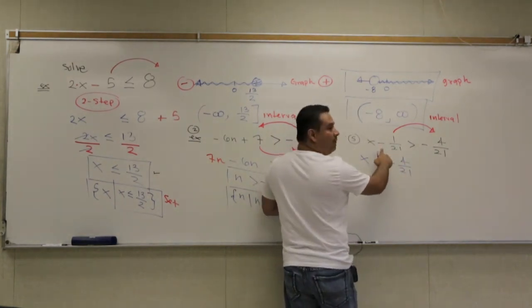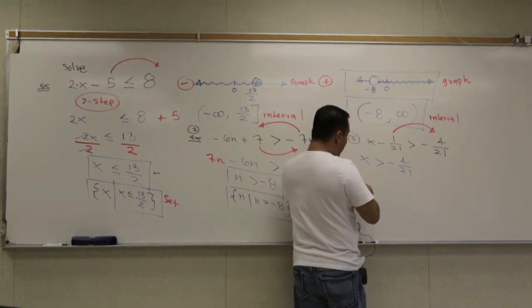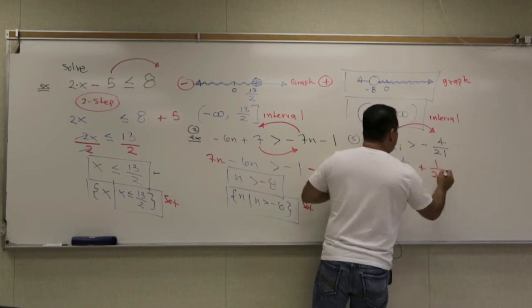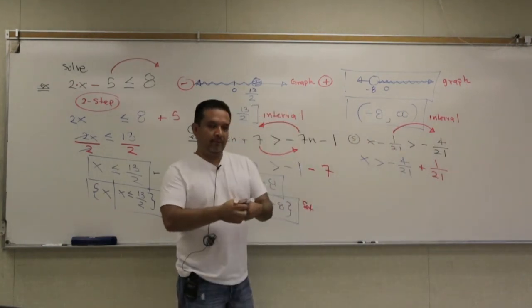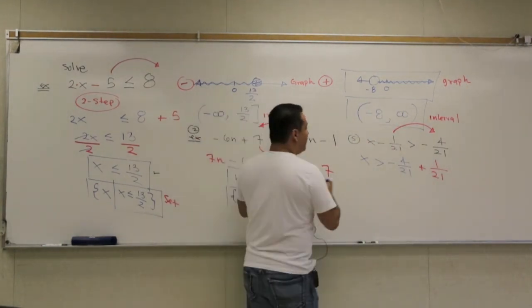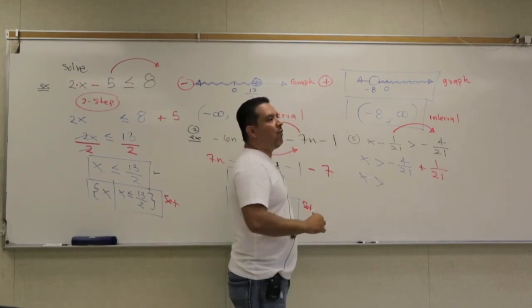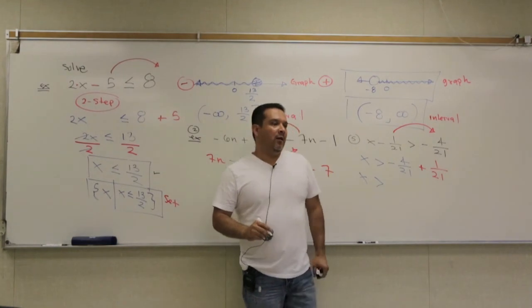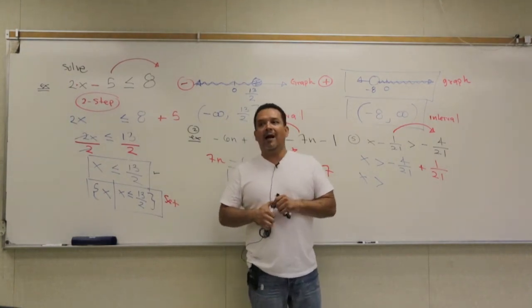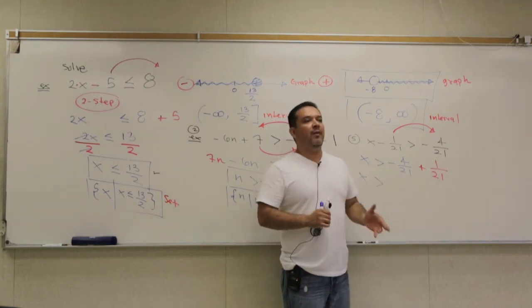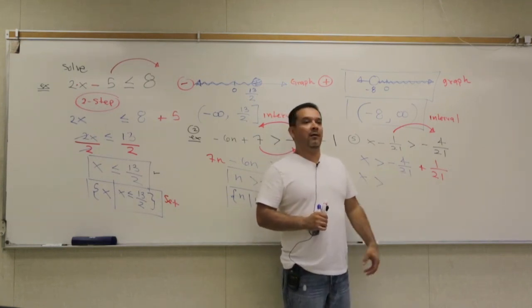On the left, it's a negative 1 over 21. What happens on the right? What does it become? Plus 1 over what? 21. So you get now x is greater than, now here's what I want to say to you. You know, I want to remark to every algebra class, every student, did we cover adding fractions? Yes. So you're really responsible for knowing how to do what? Fractions.